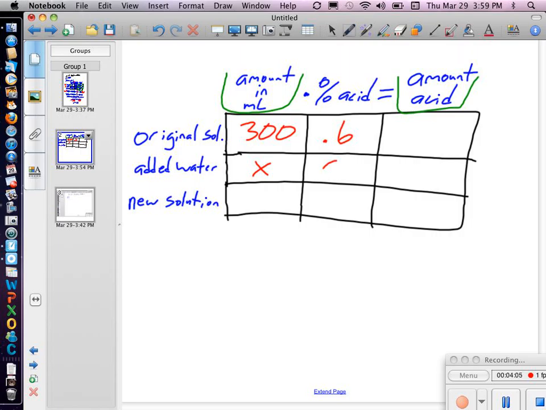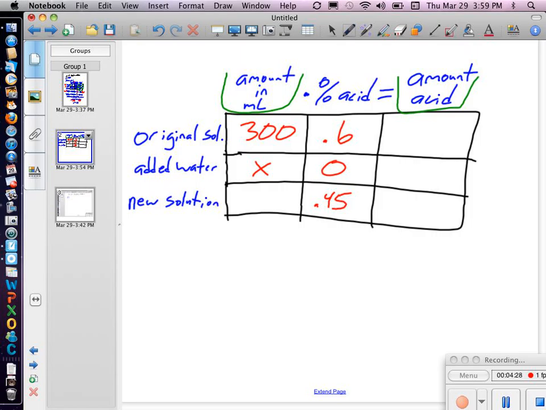So hopefully there is 0% acid in your water. The 45 that they're referring to, it says must add water to this solution to dilute it so that it is, okay, so that's like after they add water to it, it is or will be 45% acid. So the 45% is actually going to be the new solution.